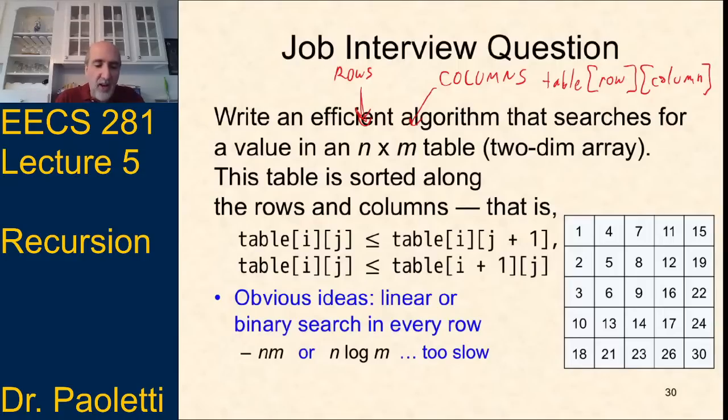When we say table sub i sub j is less than or equal to table sub i sub j plus 1, everything is less than or equal to the thing to the right of it. So everybody is less than or equal to the value to their right, and everybody is less than or equal to the thing below them.